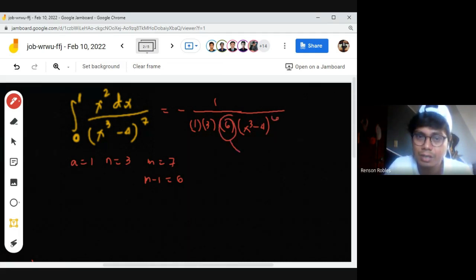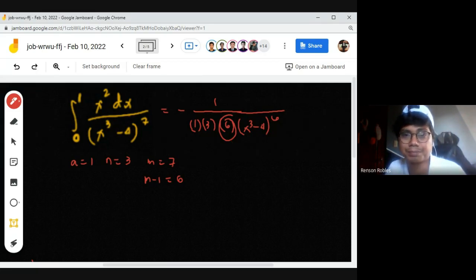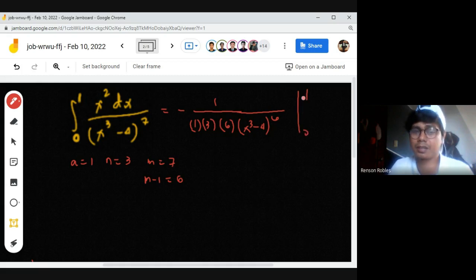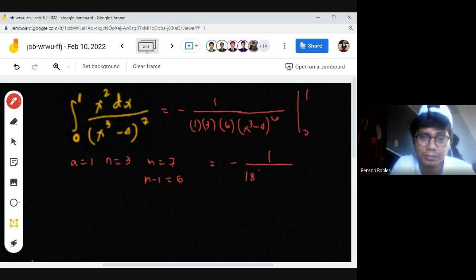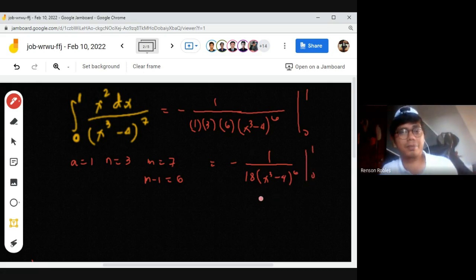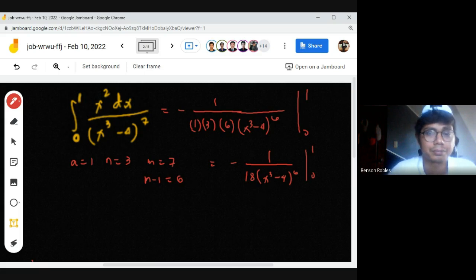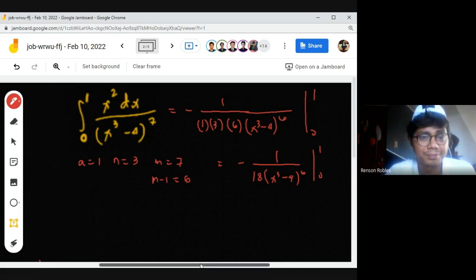Whatever this is, use it as the power of your ax raised to n plus b. And then, evaluated from 0 to 1. Okay? So you'll have negative 1 over 18 times x cubed minus 4 raised to 6 evaluated from 0 to 1. And this is the same answer that we obtained earlier. Okay. And another one.